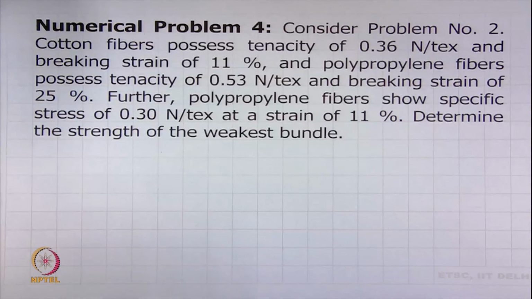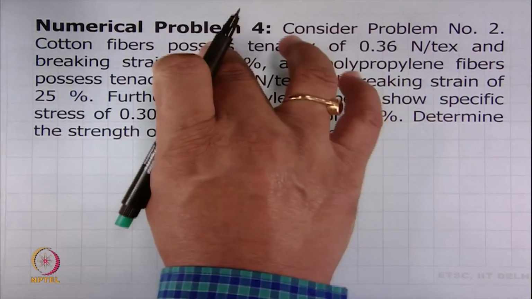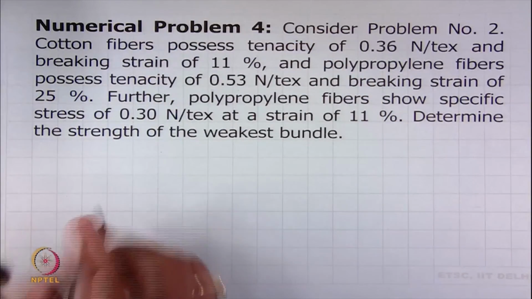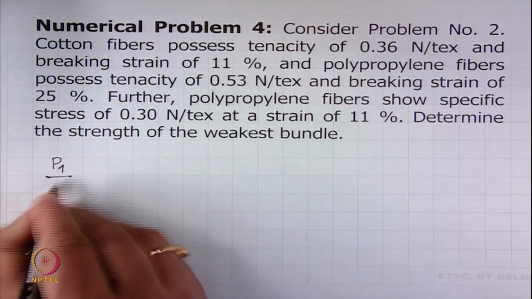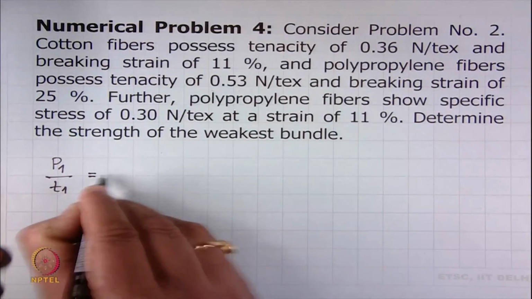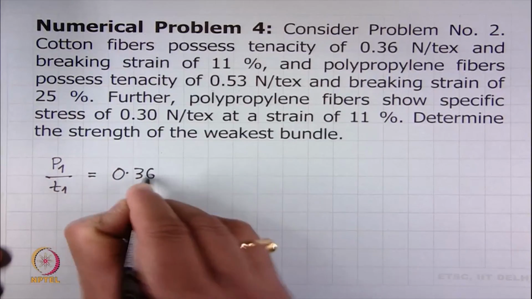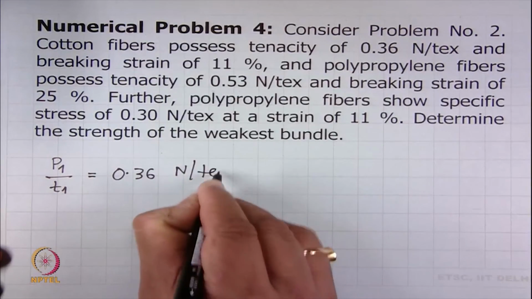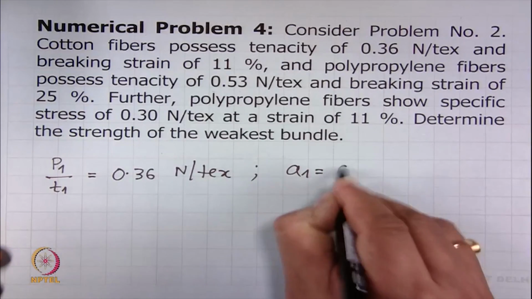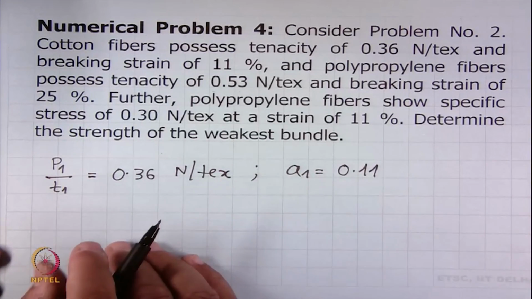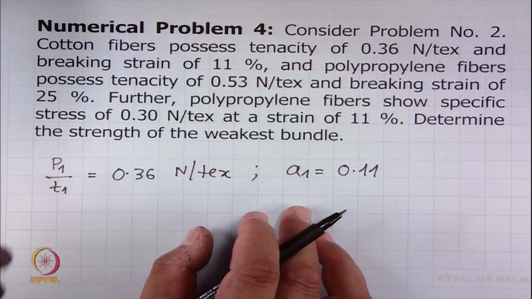So, in problem number 2 also this information was given: P1 by T1 is equal to 0.36 Newton per tex, then A1 is 0.11, the same data as in problem number 2.